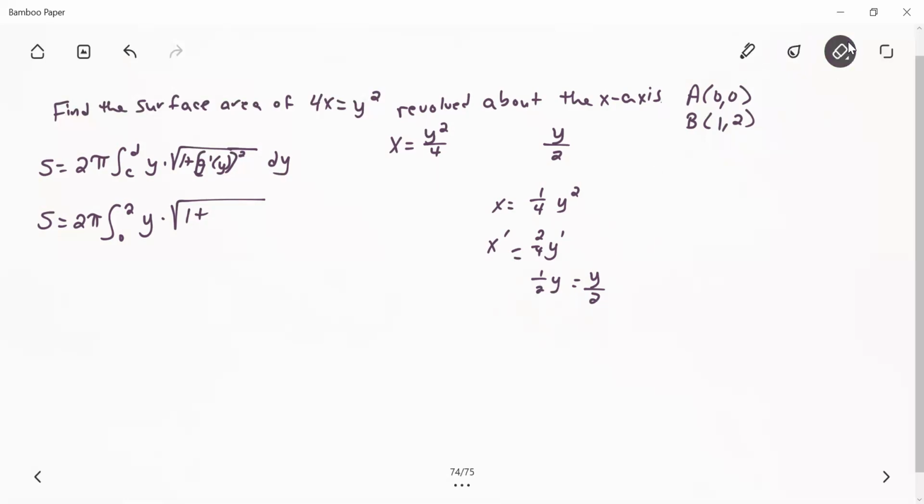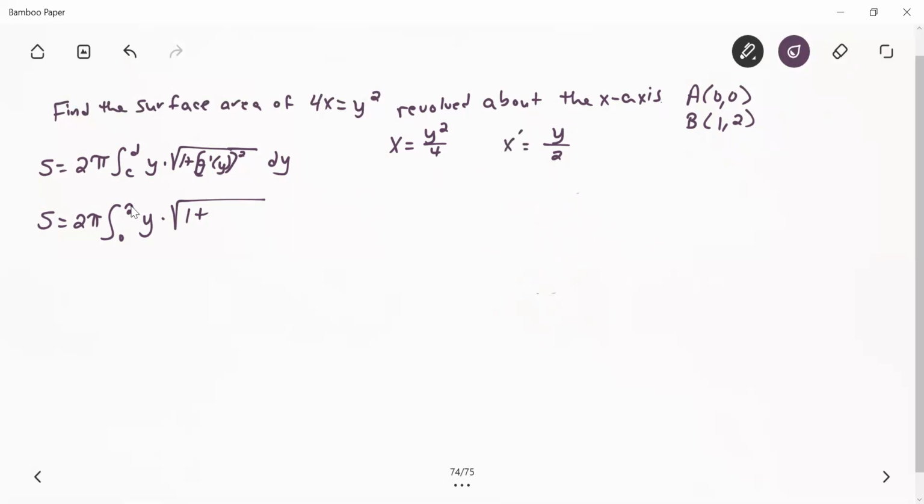So that's our derivative, x prime equals y over 2. So this is going to be y over 2 quantity squared dy.